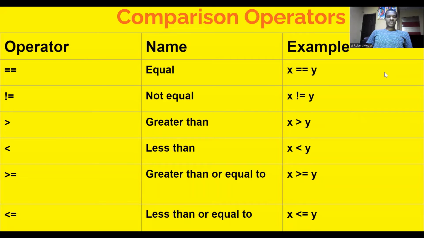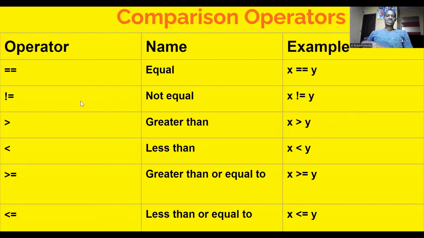Here we have Python comparison operators where we have the equals to sign as the double equal to, like what you have here. A basic example could be x equal to y, just to show that x and y are equal to each other. And there's not equal to, which is the exclamation with the equal to sign, showing that x is not equal to y.